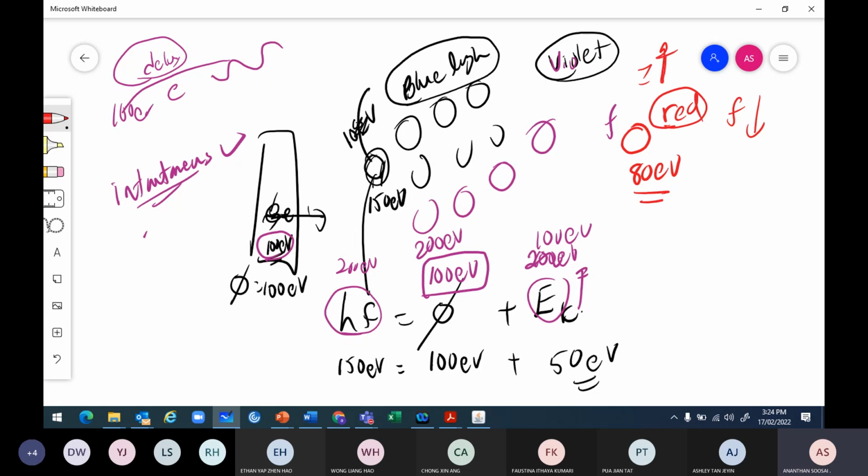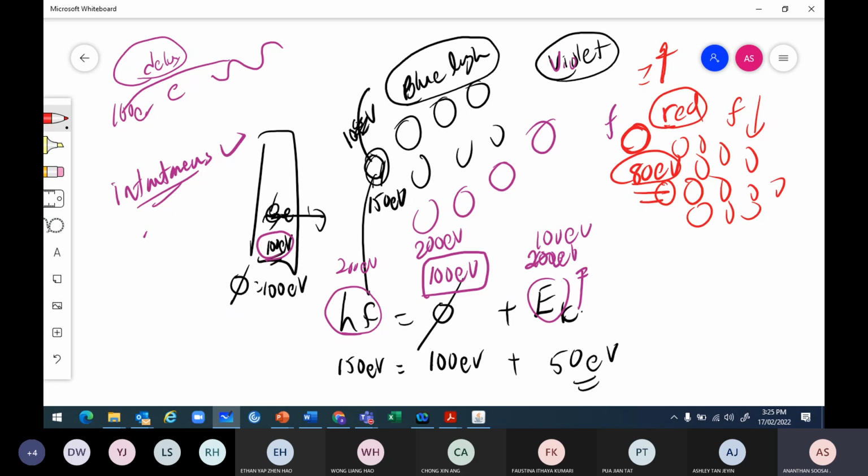Even if you use high intensity of red light, what changes? The number of photons increases, so more packets of energy reach the surface per second. But the energy in one photon is still very low, 80 eV. One electron only gets one photon, never two, according to his idea.